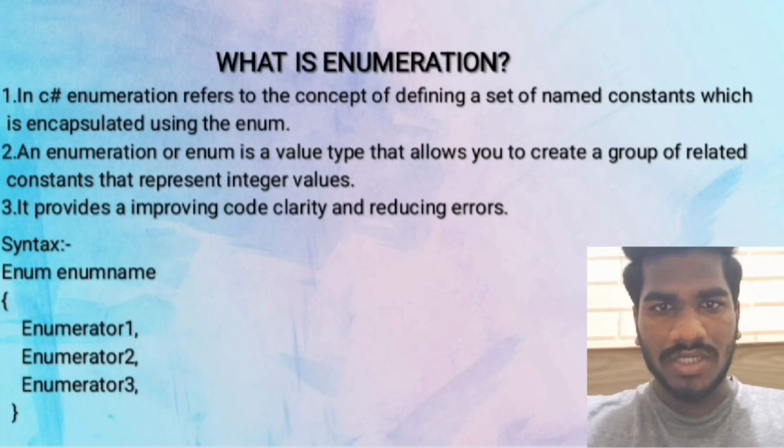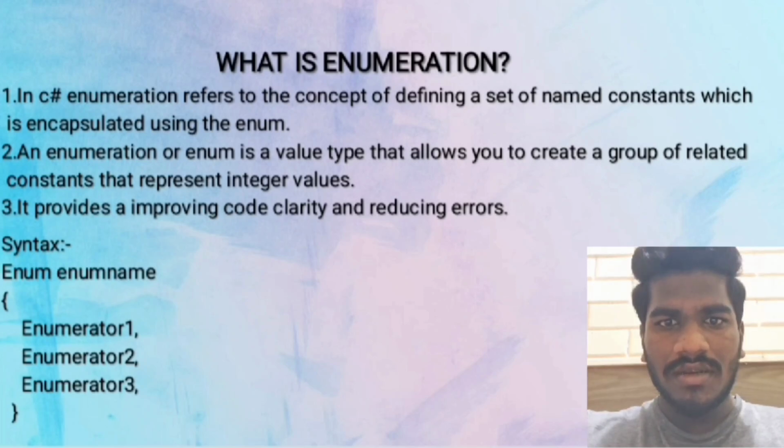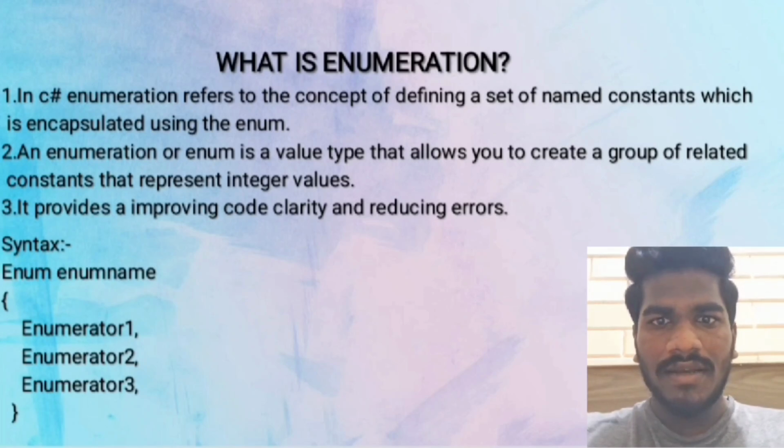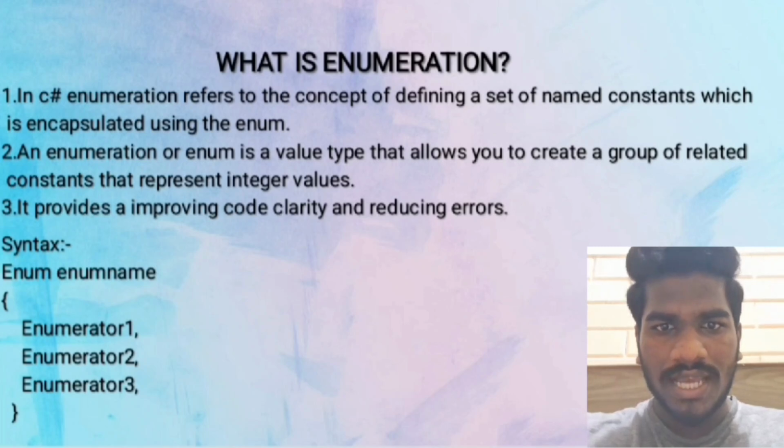An enumeration, or enum, is a value type that allows you to create a group of related constants that represent integer values, improving code clarity and reducing errors.